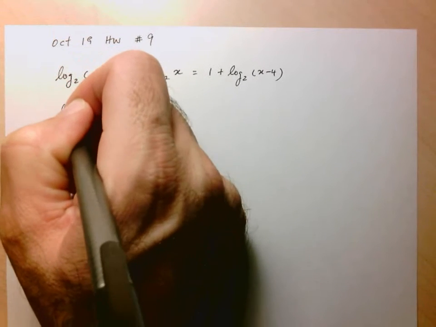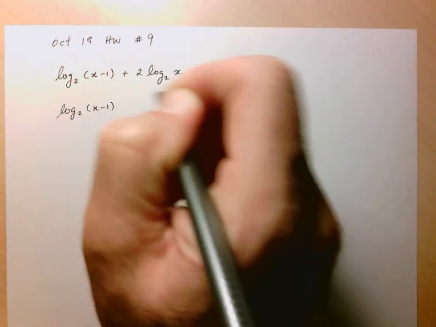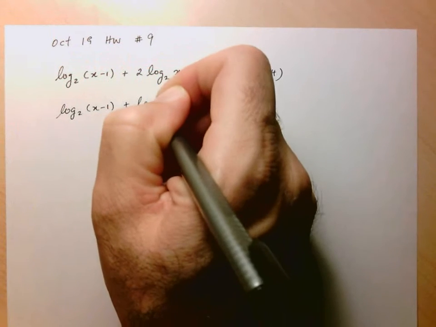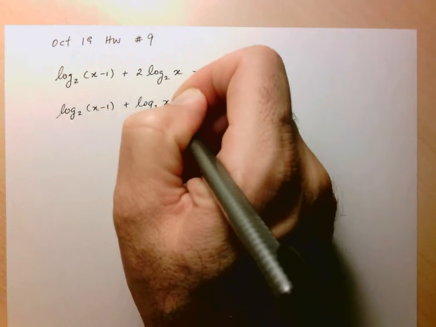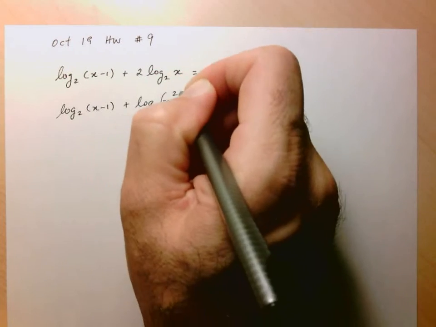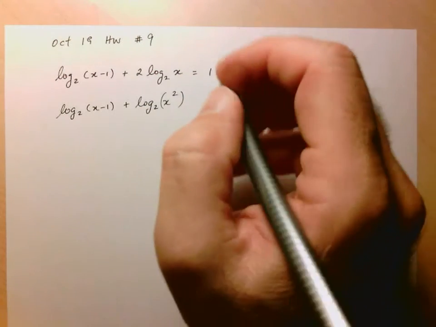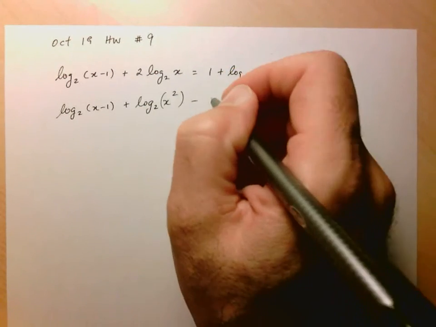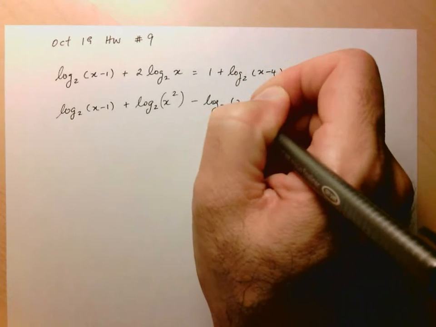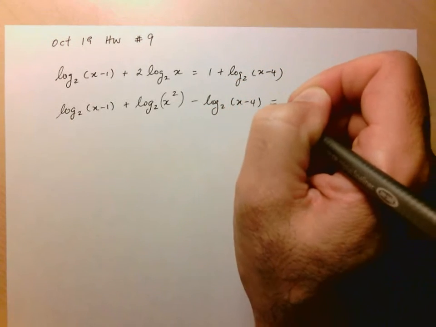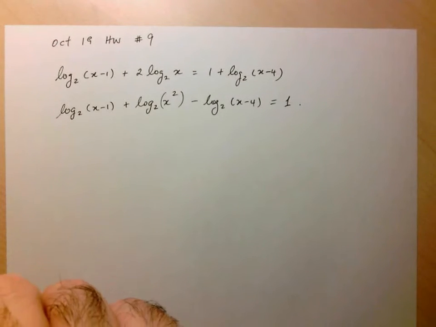So let's start here by bringing this coefficient of 2 into the exponent. So log base 2 of x squared. I'll bring that to the other side, so minus log base 2 of x minus 4, and I'll leave the constant on the other side.